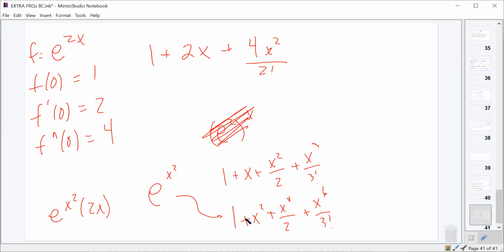So that becomes 1 plus 0x. Then you'd have to take the derivative of this using the product rule, and you'd end up with a 1 as your value, and you'd have a 1x. You'd end up with a 2 as your value because you'd end up with 1x squared over 2 factorial, and so on. It'd come out the same. But this way is much easier.